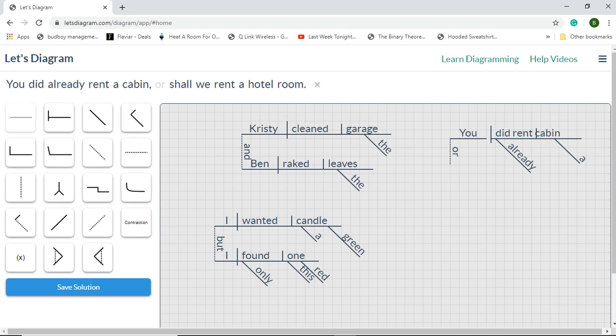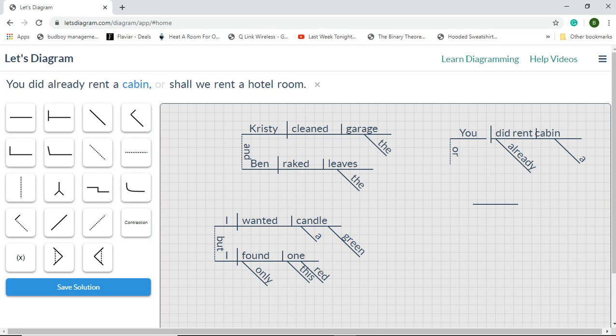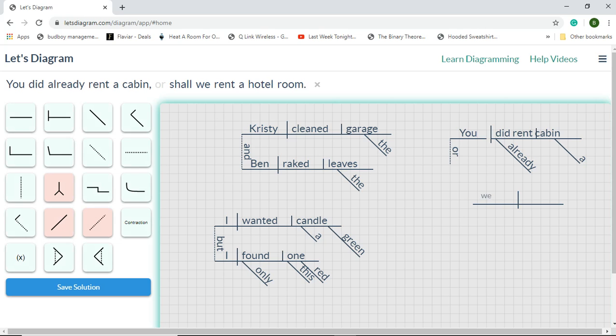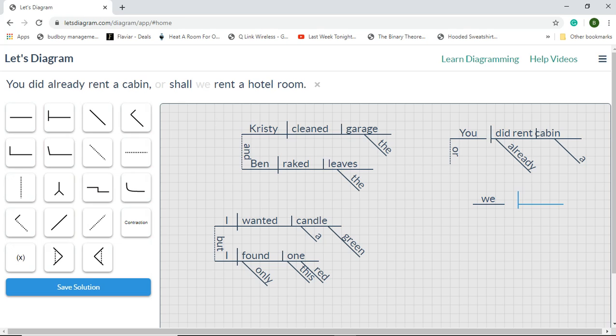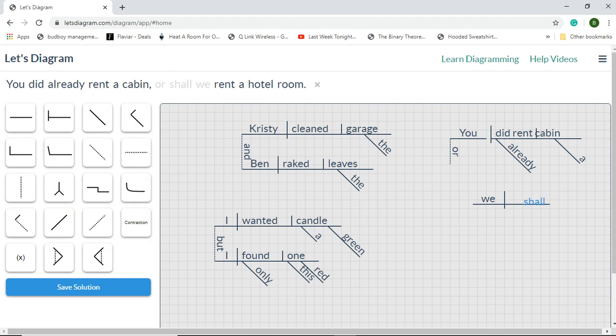Okay, so take that. Then we find the next thing. Look over here. Shall we rent a hotel room? Okay. So the subject is we. Shall rent is the verb phrase.